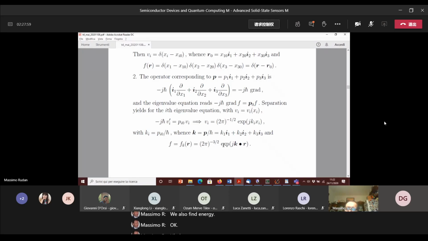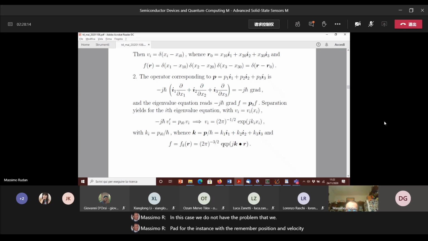That means that in this case, we do not have the problem that we had, for instance, with, remember, position and velocity when we had to measure the velocity of the bus with the tennis ball.